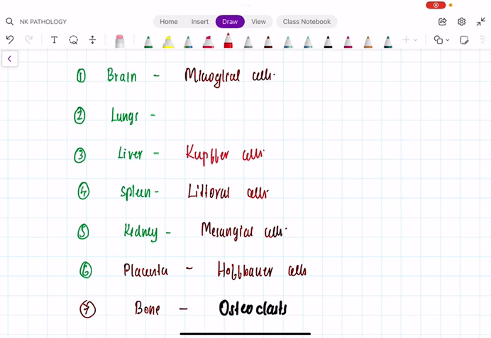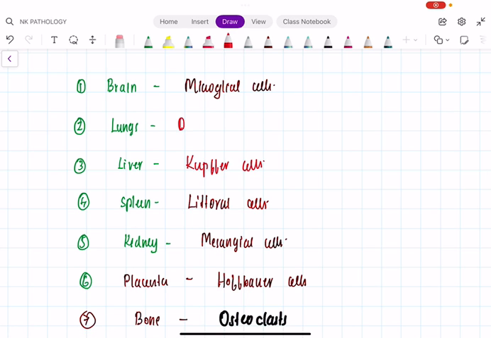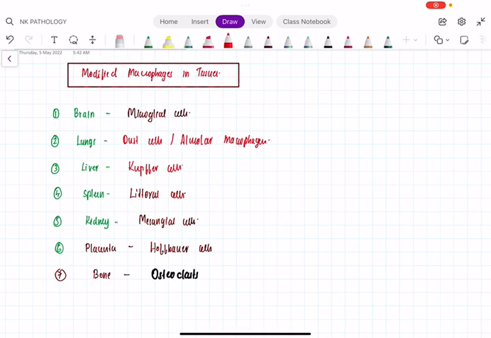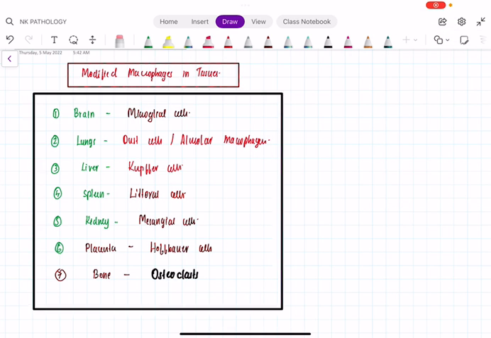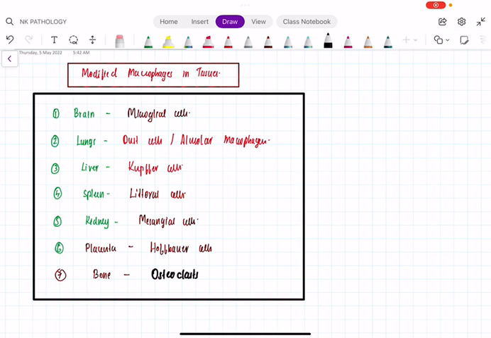And in lungs, they are called dust cells, also called, in simple terms, alveolar macrophages. So these are some of the modified macrophages, which are known by different names in different parts of the body.